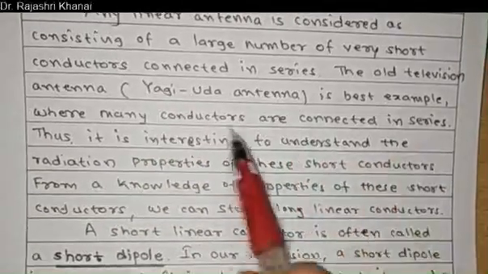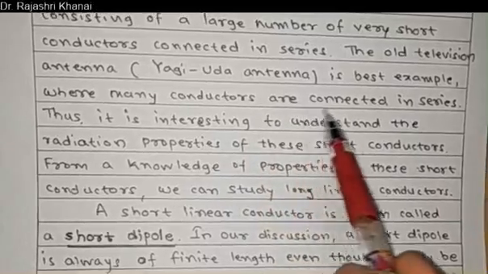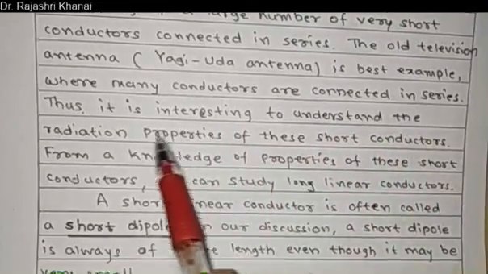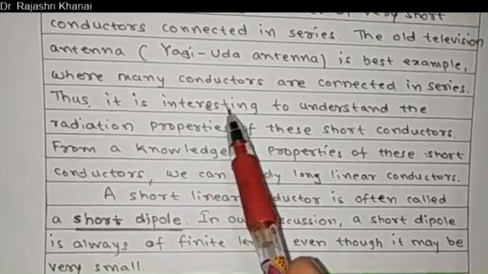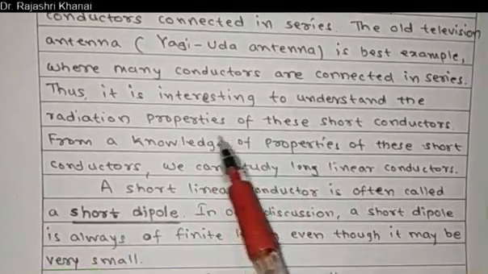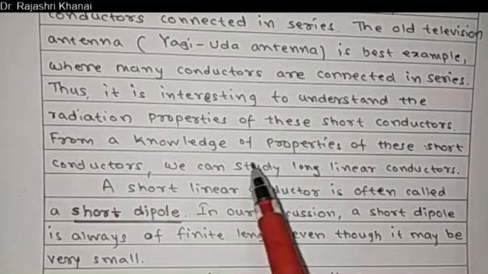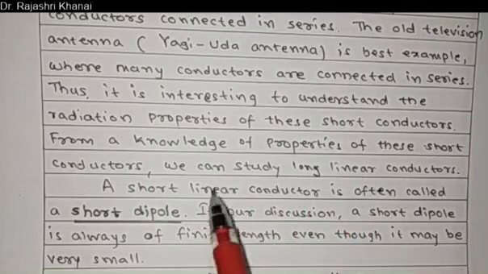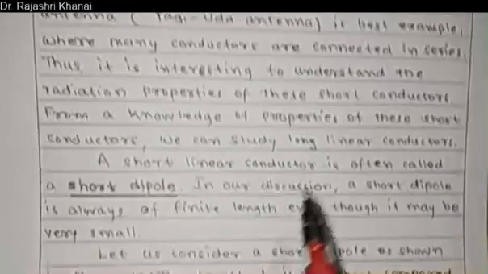It is the best example because we see clearly that there are many conductors, they are connected in series, and thus the entire antenna structure is built. So it is interesting to understand the radiation property of these short conductors first, and then from the knowledge of properties of these short conductors, we can build the pattern of the entire antenna structure.